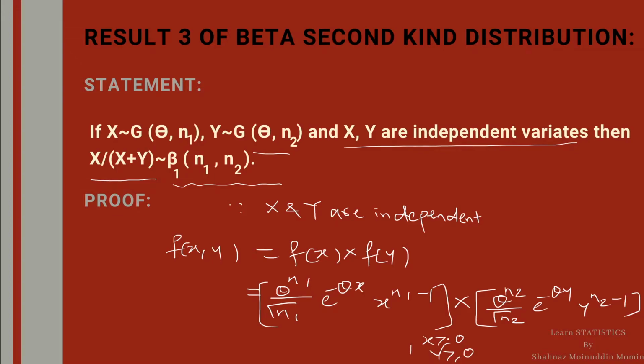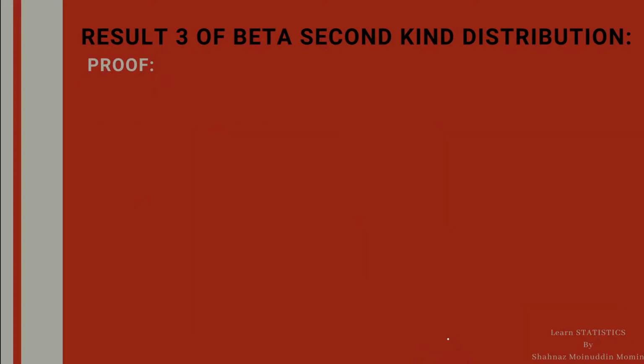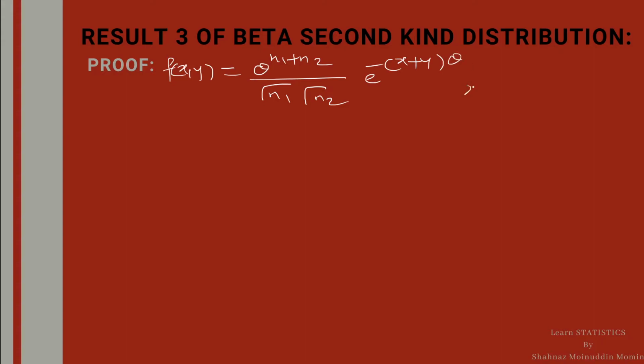Now by combining the constants together we get f(x,y) equal to theta raised to n1 plus n2 over gamma n1 gamma n2, e raised to minus (x plus y) theta, x raised to n1 minus 1, y raised to n2 minus 1.